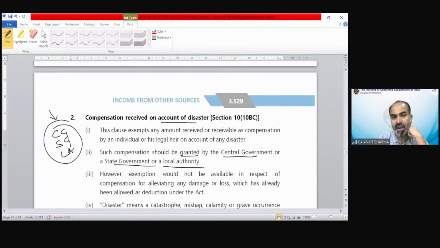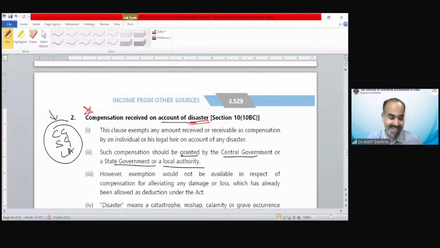Compensation received on account of disaster. Very important. It has been asked in the examination earlier. Disaster means something controlled by nature, which we cannot control, which is beyond our control.